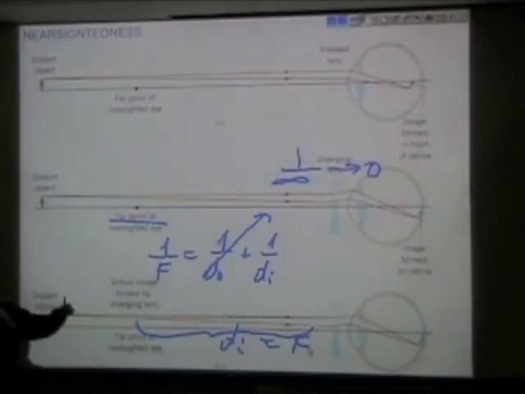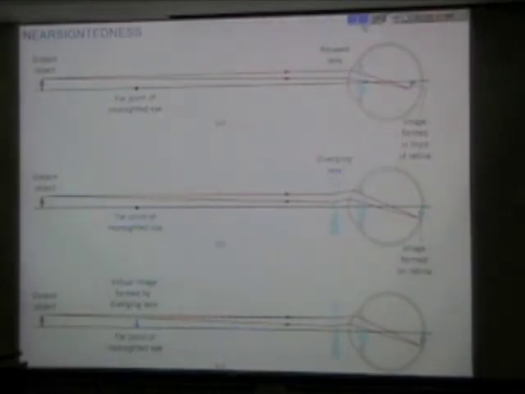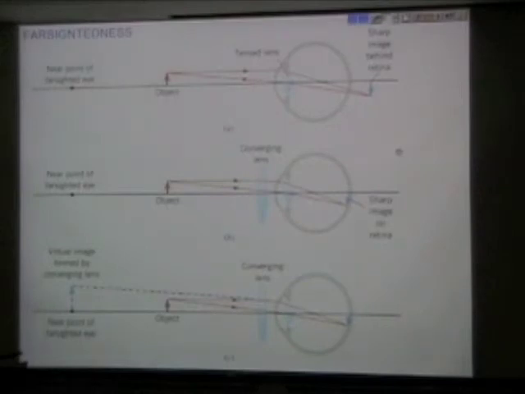You measure the distance, and that is the focal distance of this lens. Now, nearsightedness, or myopia: some of you might know better even than me how it works, maybe medical students especially.